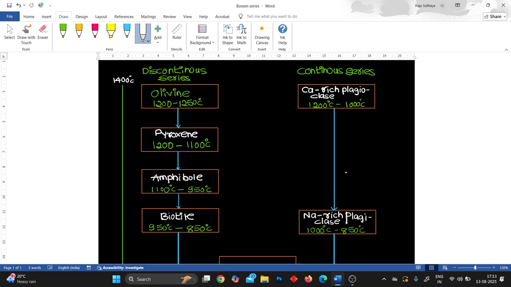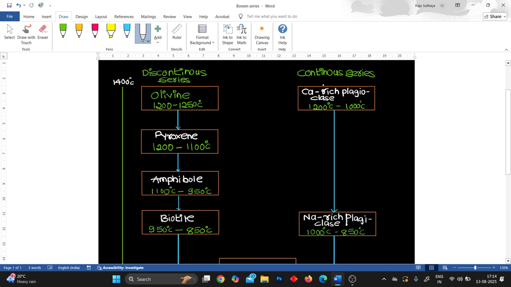If the temperature goes down even lower, at 1000 to 850 degrees Celsius, the next variety of plagioclase, which is rich in sodium, is going to get formed at this particular temperature. This is known as your continuous series.